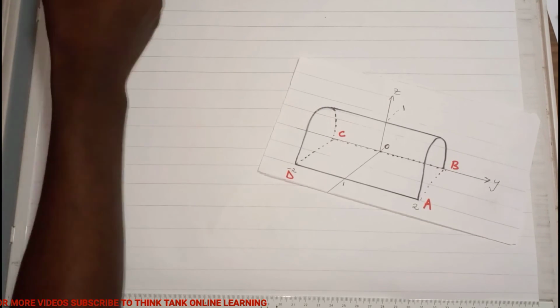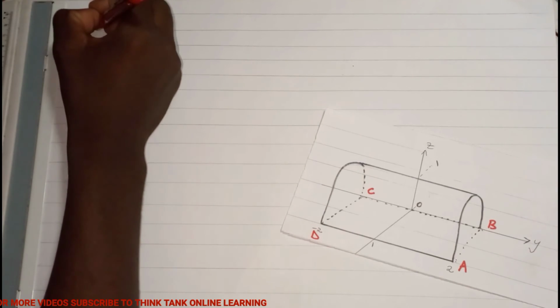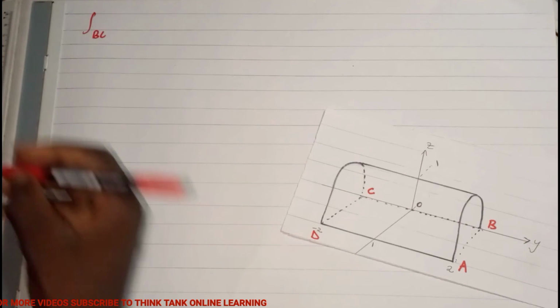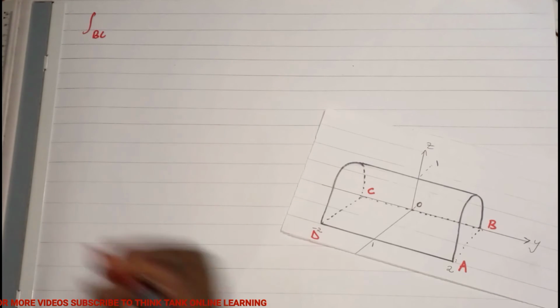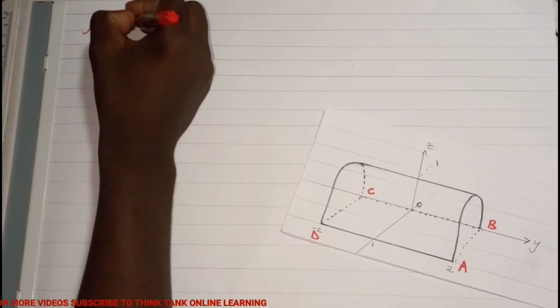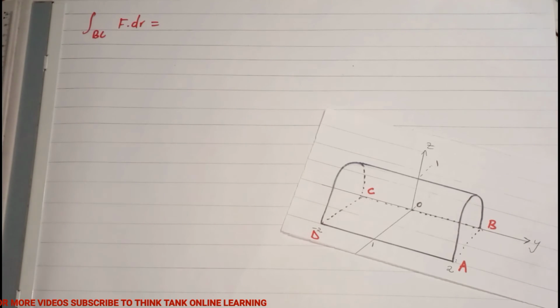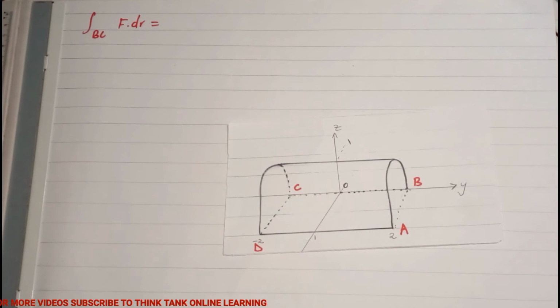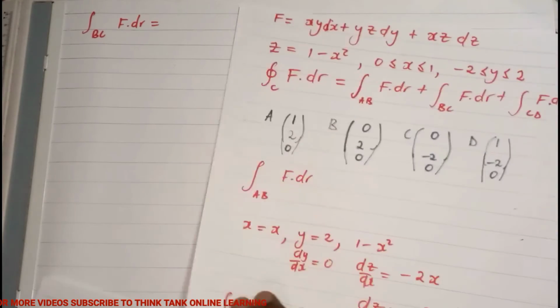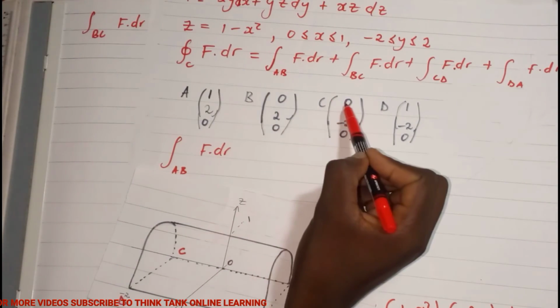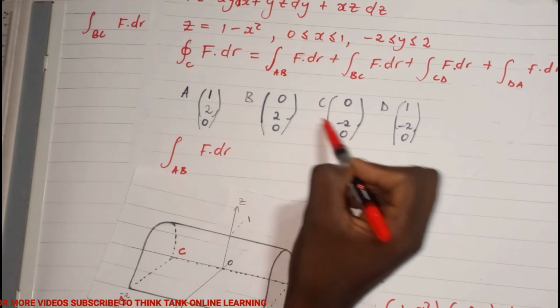Okay, so the line integral from B to C, the integral over BC of F dot dr. We're still using the same approach. If we look here, x is not changing, but y is changing.